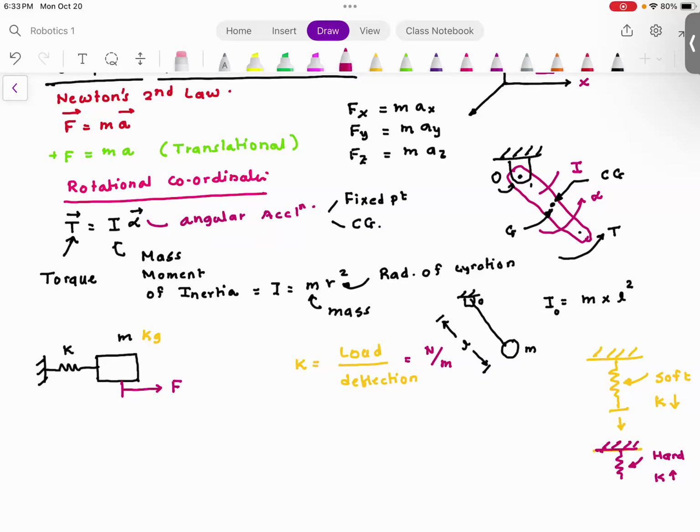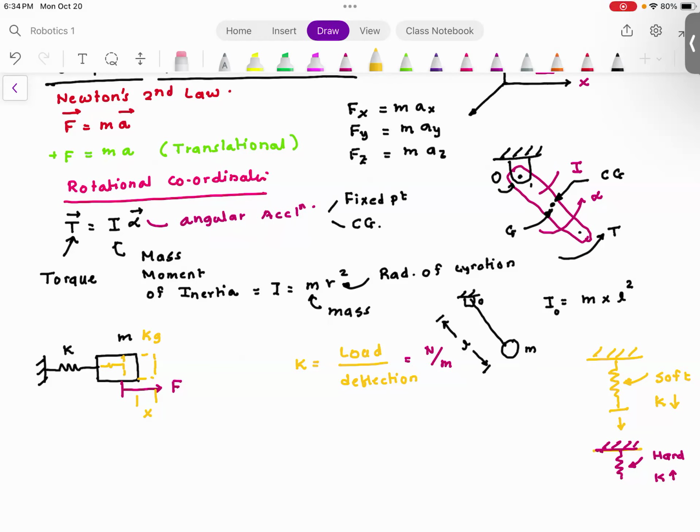Once I apply the force, this mass would travel. Let's say it travels by amount X. Do you agree with me that the spring would get stretched? The spring will be stretched by amount X.